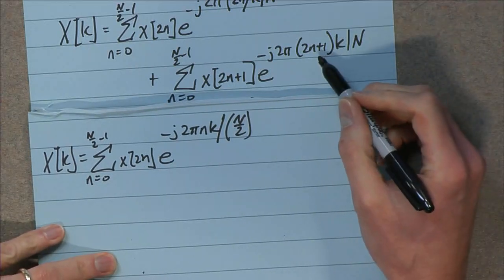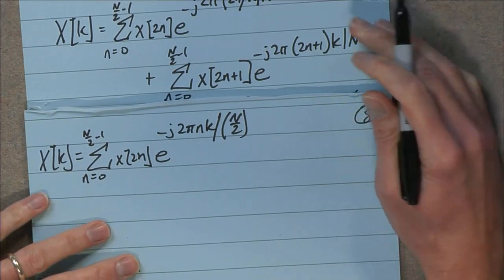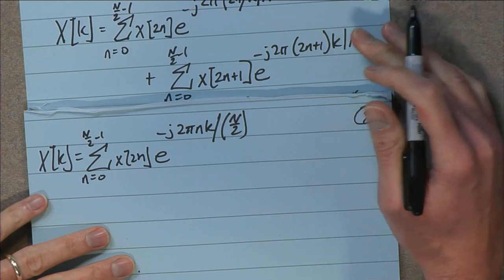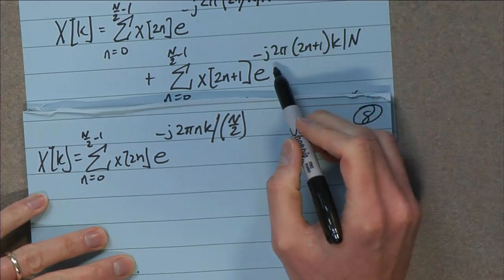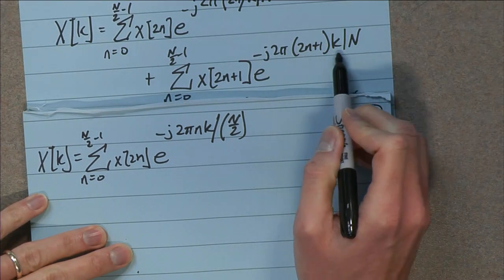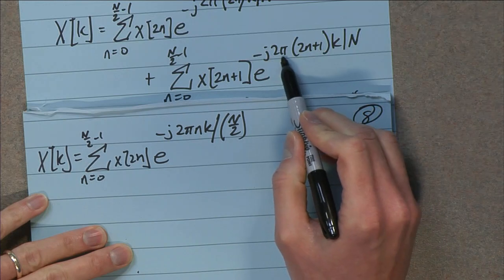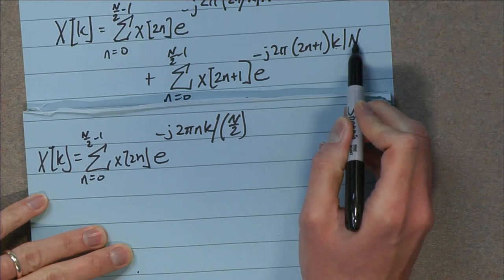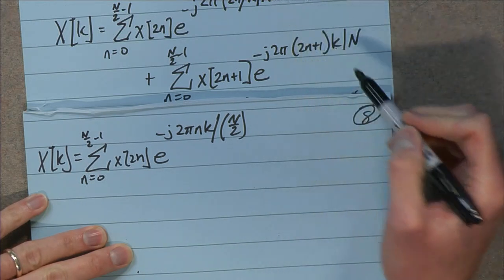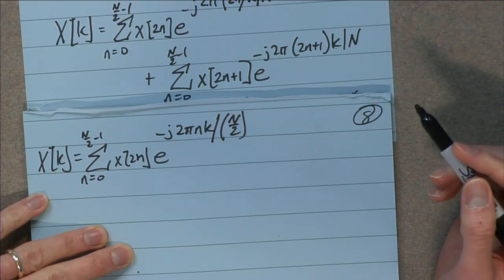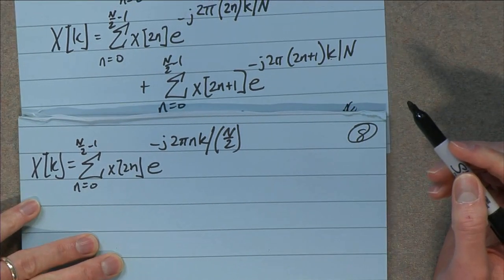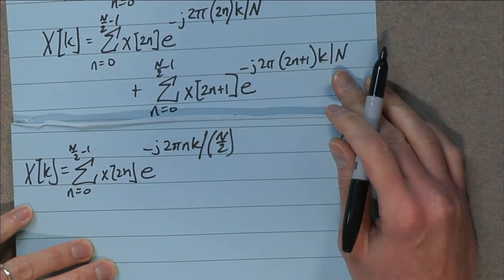Now what about this one? So if we multiply this e to the minus j 2 pi through, what do we end up with? Well, e to the minus j 2 pi times 2n times k divided by N. But that's the same thing we had up here, so we can do that trick again. That's not really a problem. But we've got something else left over hanging around.